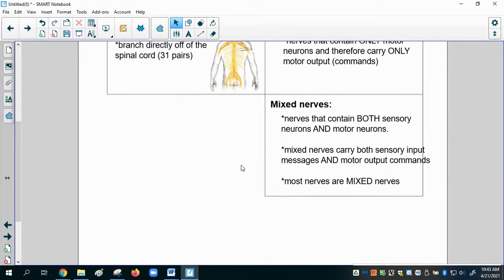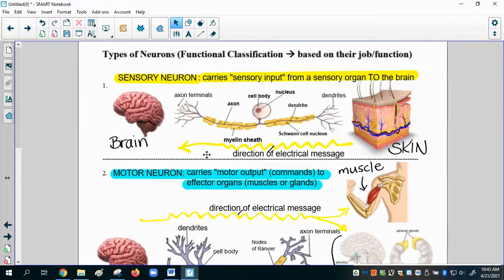It's pretty fascinating. So the main point here, nerves, the organs that we see, are made of neurons. If they have only sensory neurons, we call them a sensory nerve. If they have only motor neurons, we call them a motor nerve. If they have both types of neurons, we call them a mixed nerve, and that's the most common type.